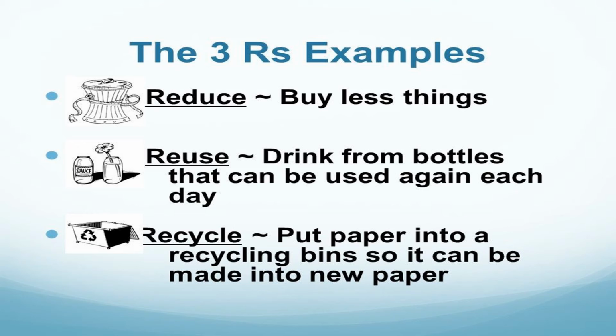And then for recycle, if you remember at school, for example, we have a recycle bin, right? For plastic, for bottles, and for papers. By doing that, we can recycle the things into a new resource.